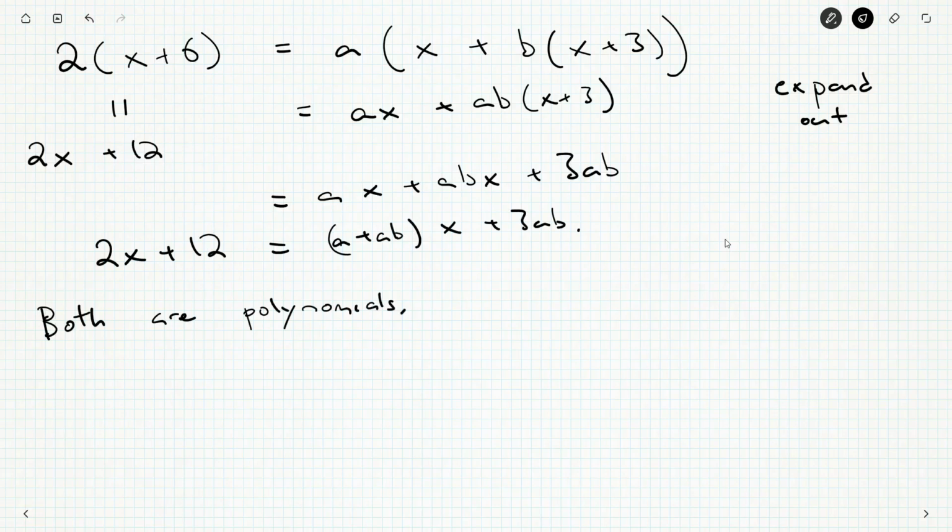But for them to be equal for all x, polynomials have this really nice property, and a lot of times we take it for granted, or we don't think about it: if two polynomials are equal on the exact same set of values, for all x's, then it turns out their coefficients must be equal.